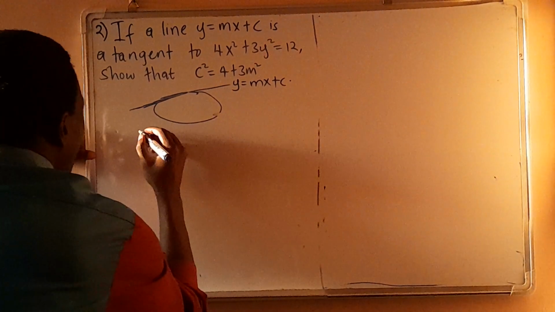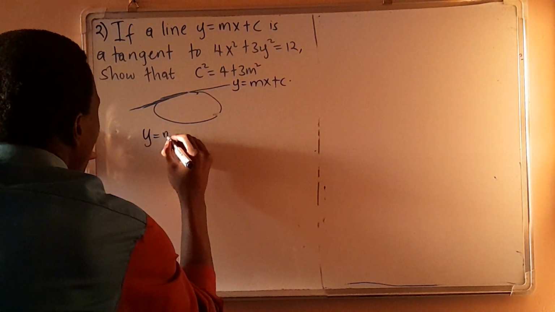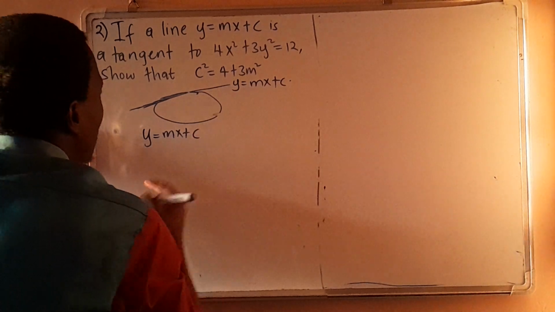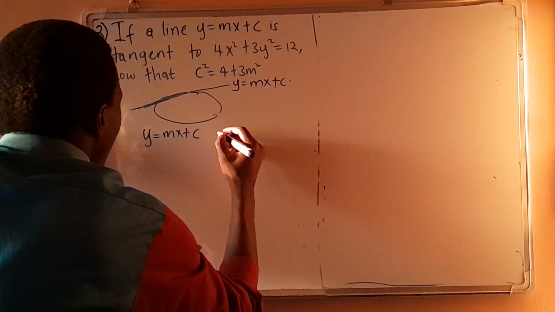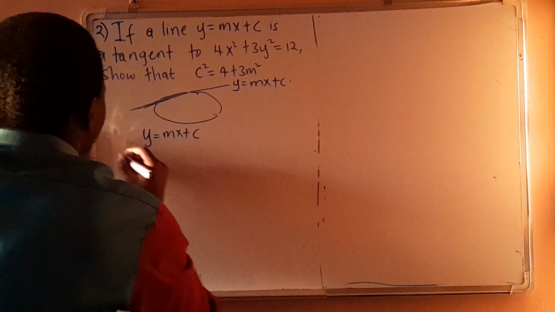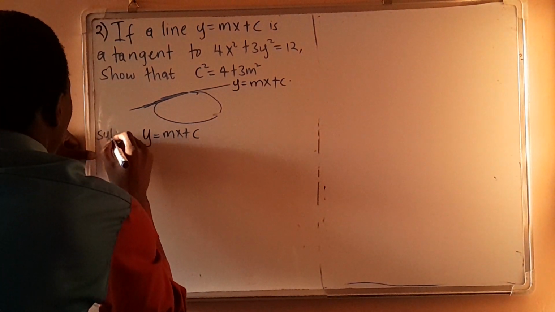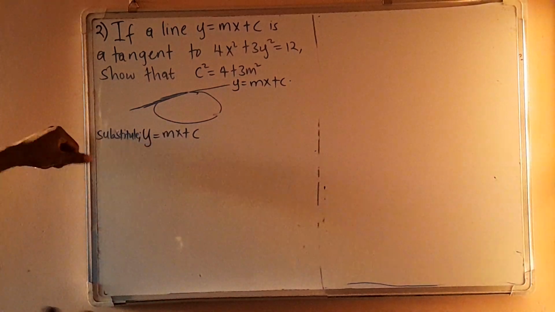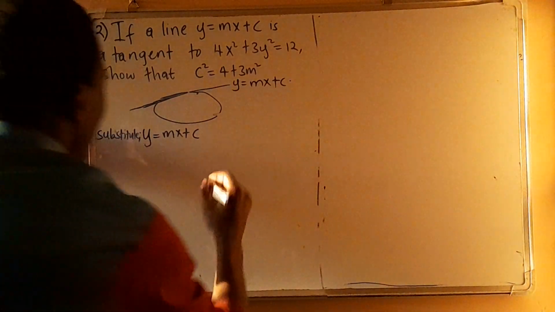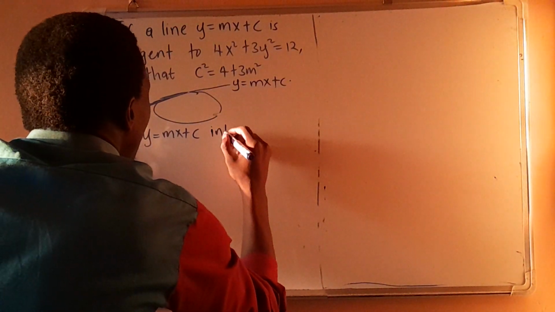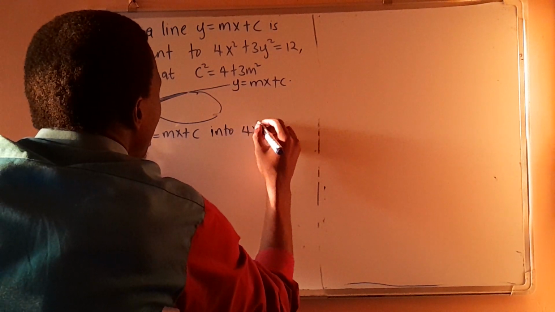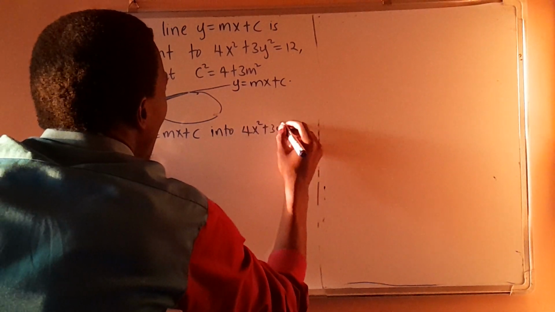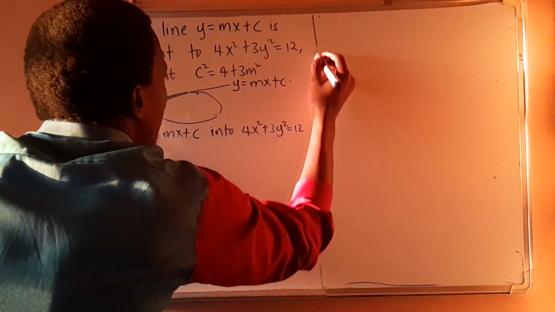So since y equals mx plus c, we are going to substitute y equals mx plus c into 4x squared plus 3y squared is equal to 12.